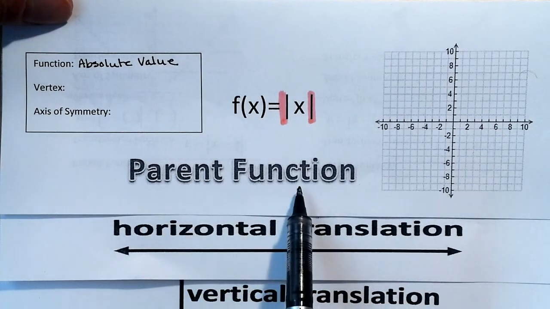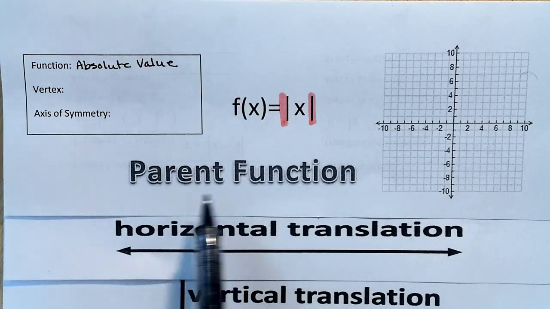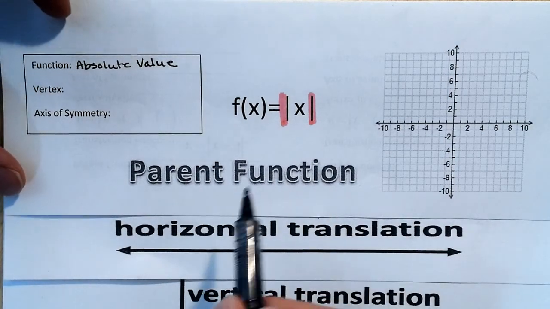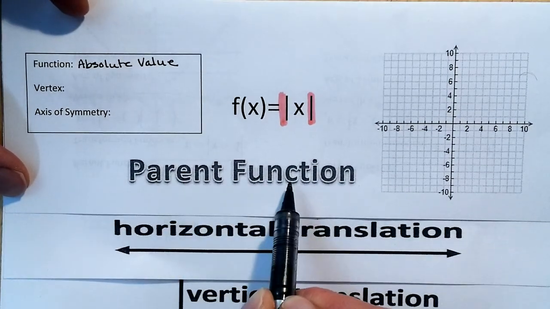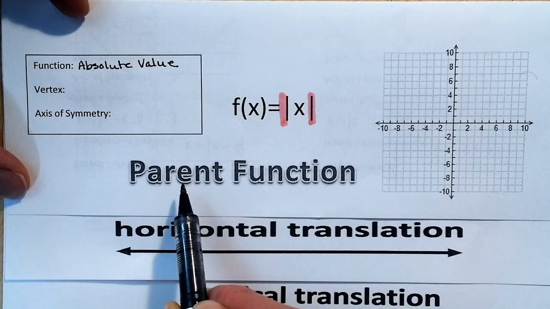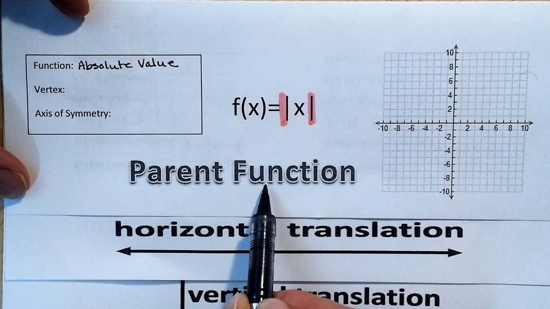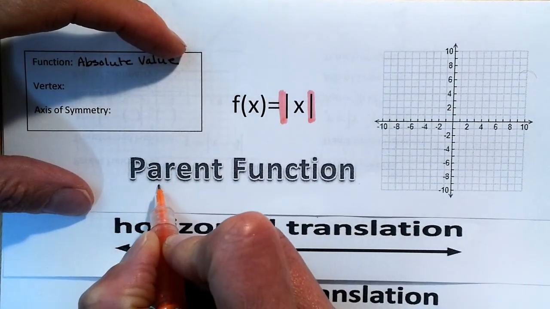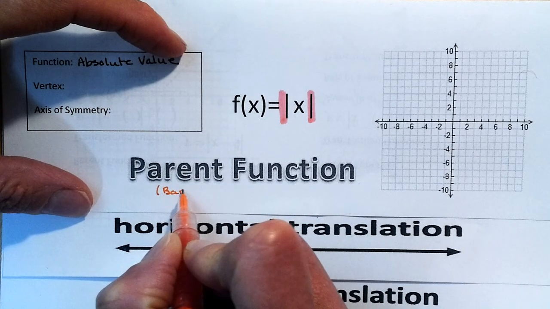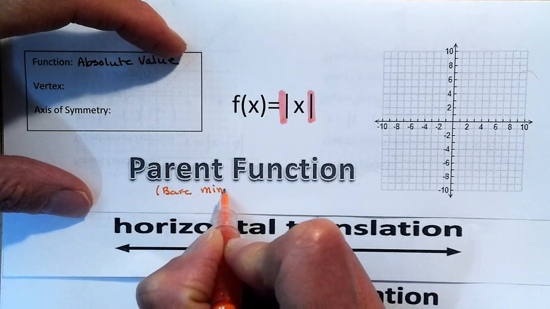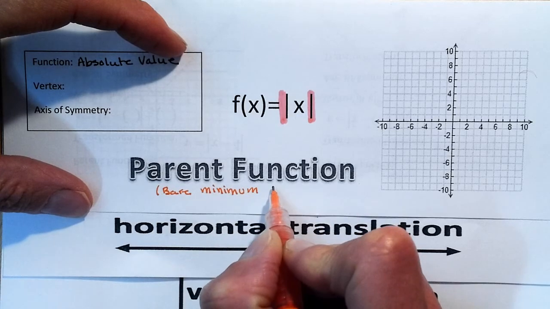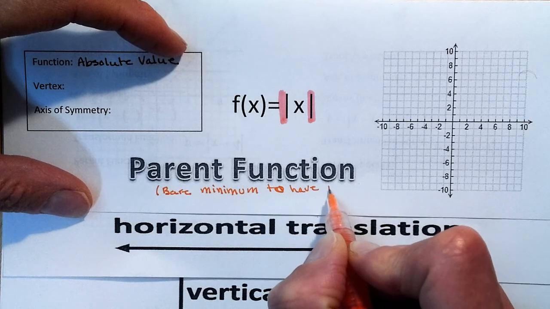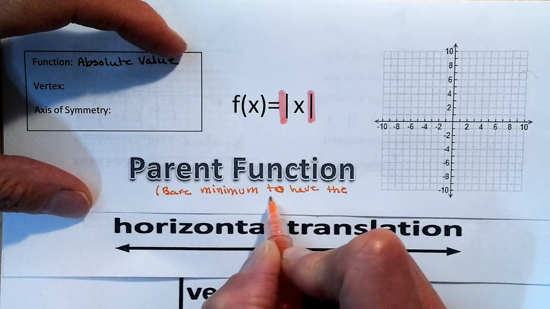Now, parent function means just basically the bare minimum you need to have the absolute value. So if we think of parents, they're the starters. There's the one who start the family. It's the actually very bare minimum you need to have that function. So let's put down here: bare minimum to have the function.